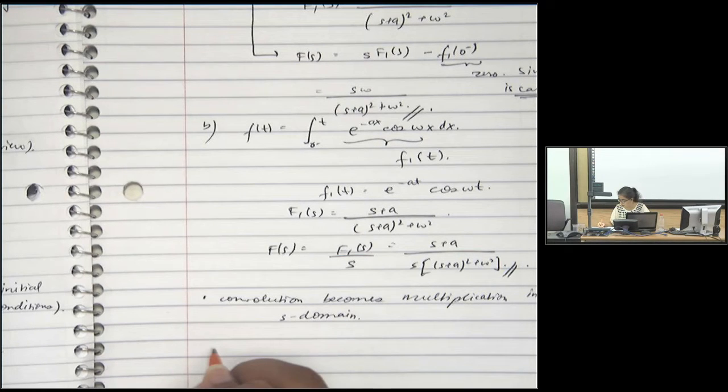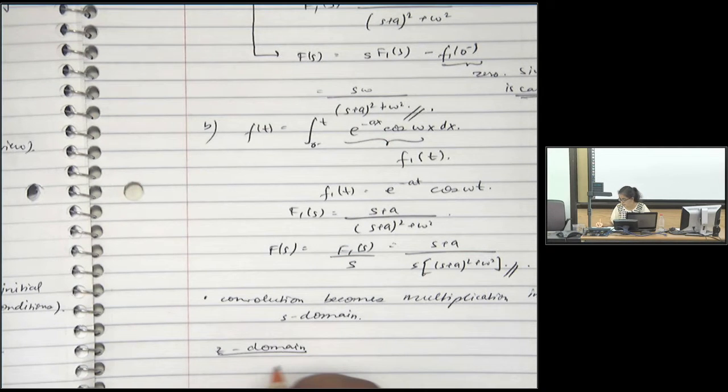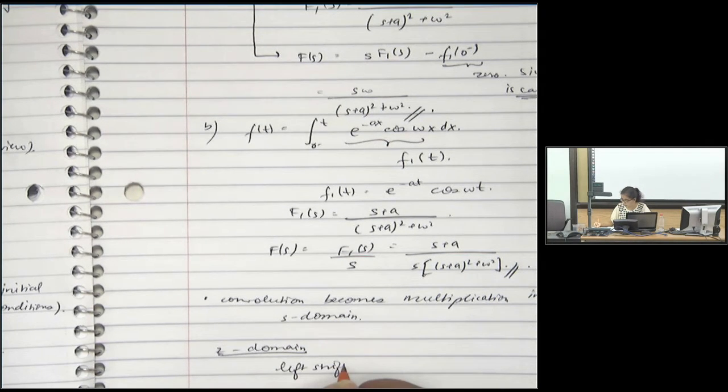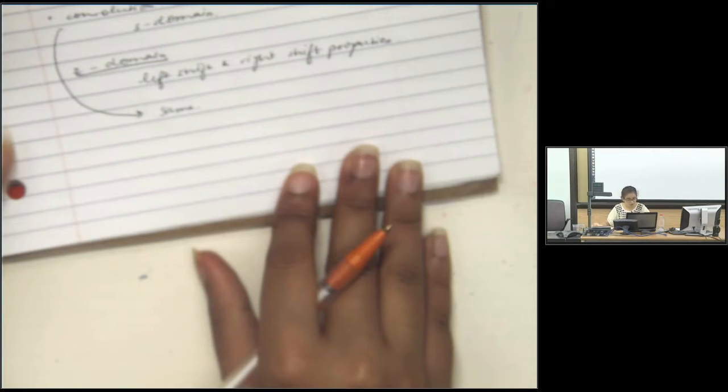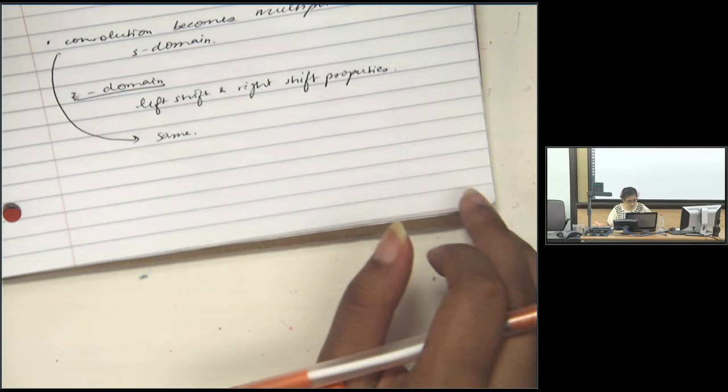So for your Z domain, remember your left shift and right shift properties, and the convolution thing remains the same. Again, your convolution becomes multiplication in Z domain. All right?